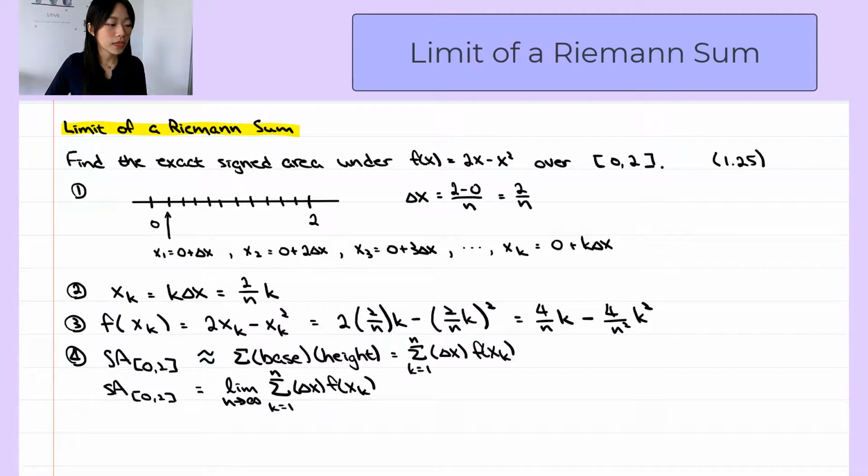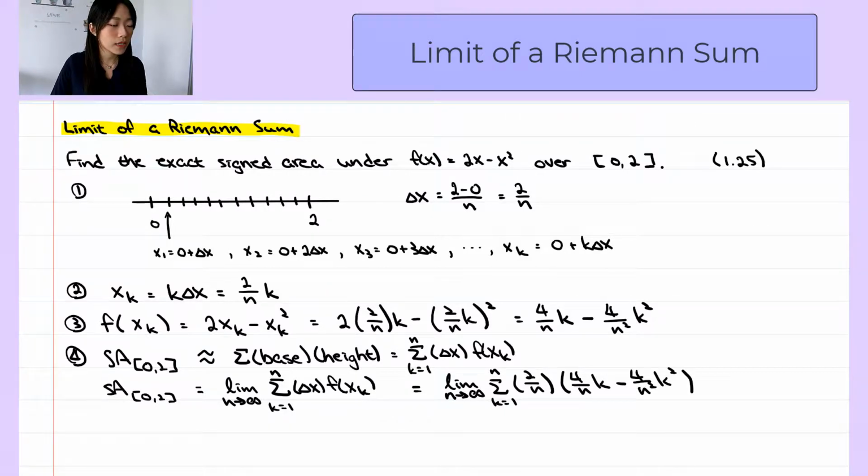Now we substitute the delta x and f of xk into this equation. So this equals the limit as n approaches infinity of the sum of delta x, which is 2 over n, times f of xk, which is 4 over n times k minus 4 over n squared times k squared, and the index starts from 1 to n.